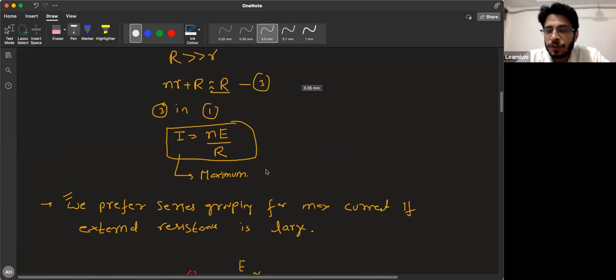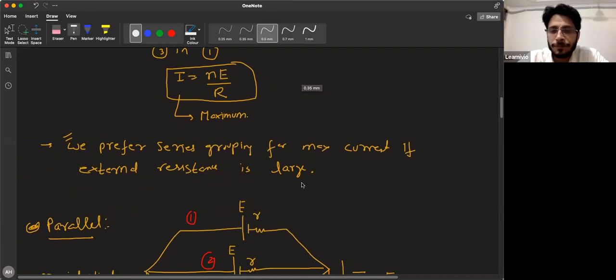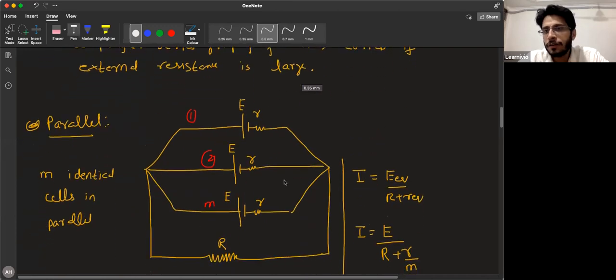When we prefer series combination, when the external resistance is large. External resistance is large, then we prefer series combination. When we prefer parallel, when internal resistance is large.